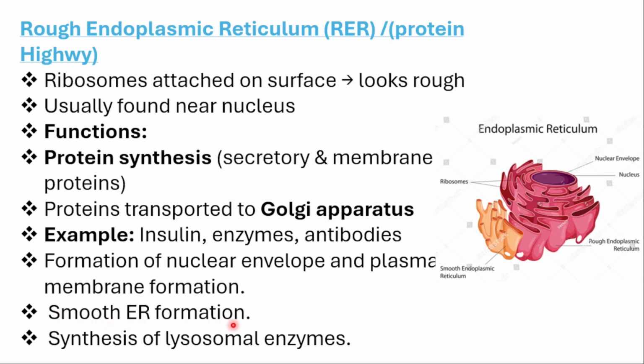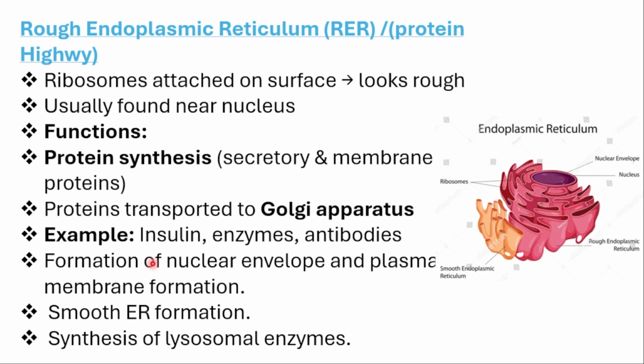Also, synthesis of lysosomal enzymes. The lysosome is another organelle, said to be a suicidal bag, and it is very important for the cell. The lysosome has very important enzymes, and those enzymes are synthesized by the rough endoplasmic reticulum.